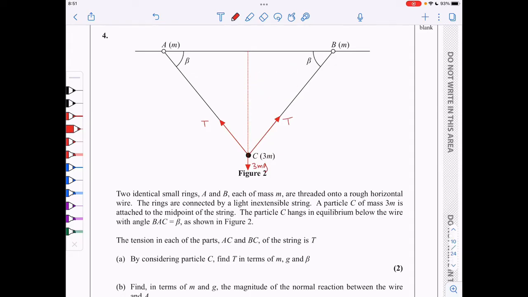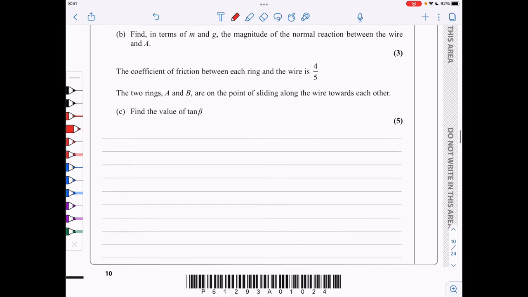So overall, this force will be 2T sine β, and because this is in equilibrium, I will equate the upward forces with the downward forces and say that 2T sine β is equal to 3mg, which leads to T being 3mg over 2 sine β.